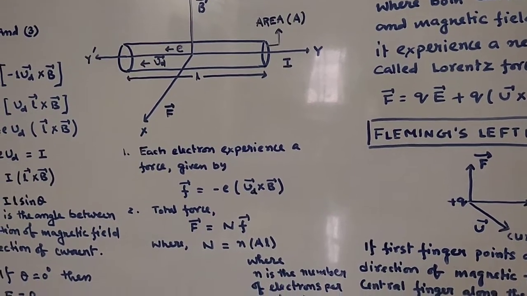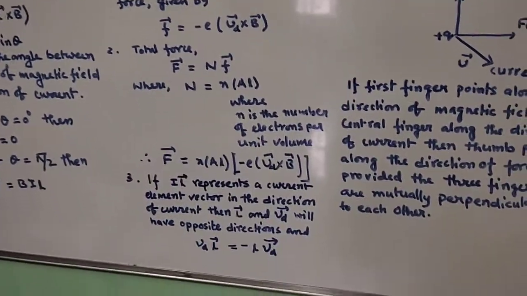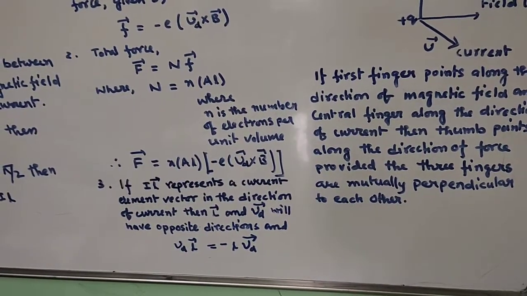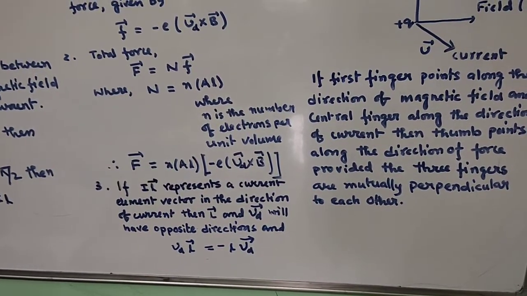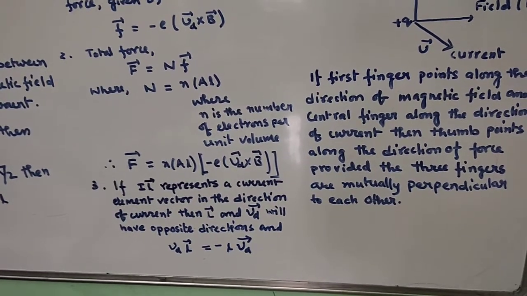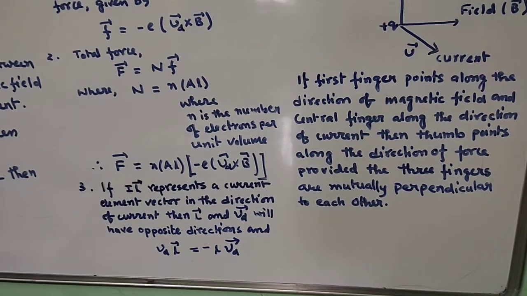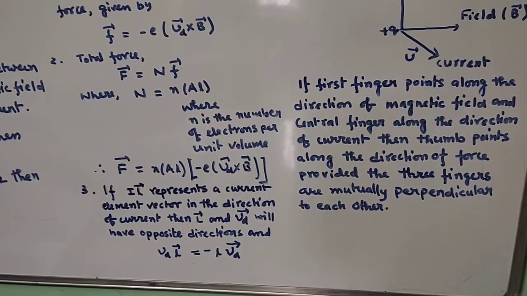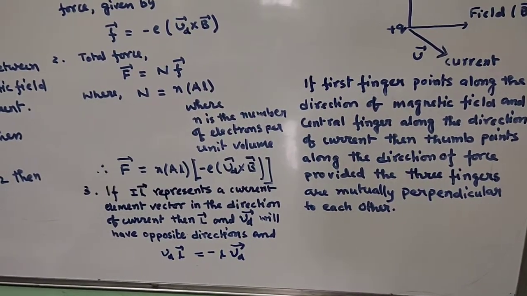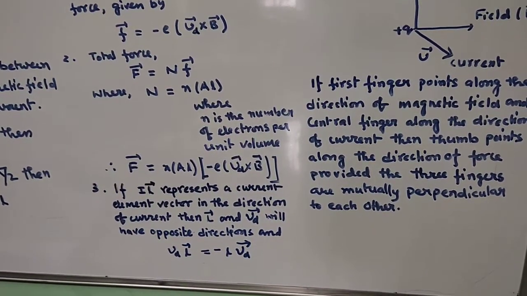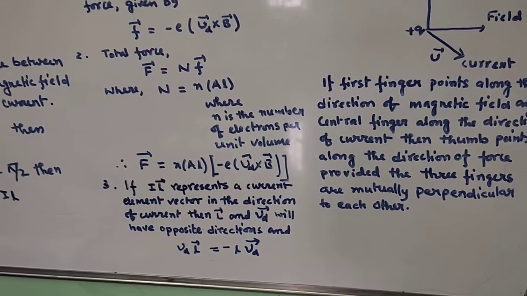So you can write Vd times L vector equal to minus L times Vd vector. You see the arrow part changes. If you put the arrow over small l vector, it has one direction, and if you put the arrow over Vd vector, it has the opposite direction. That's why a negative sign is given.